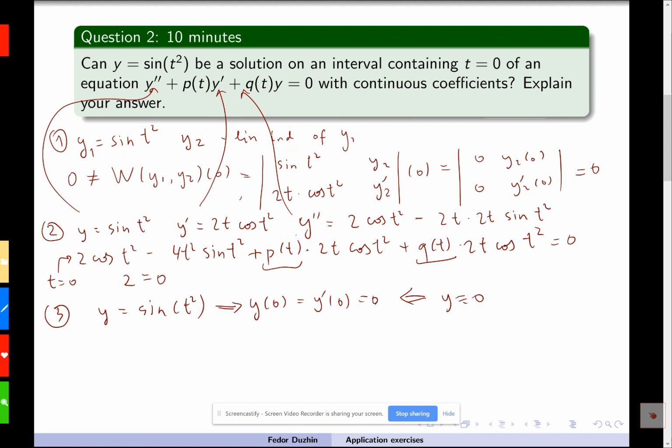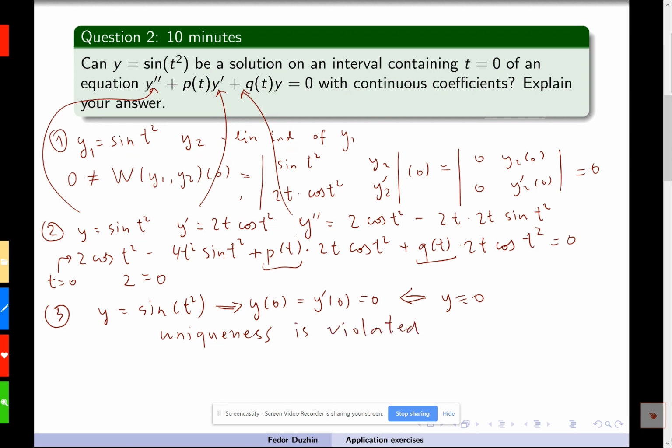So here, assuming that sine of t squared is a solution, we found another solution, and therefore we find at least two solutions, which violates the uniqueness of solutions of any initial value problem. And since uniqueness is violated, it contradicts the Picard-Lindelöf theorem, and that's a contradiction.